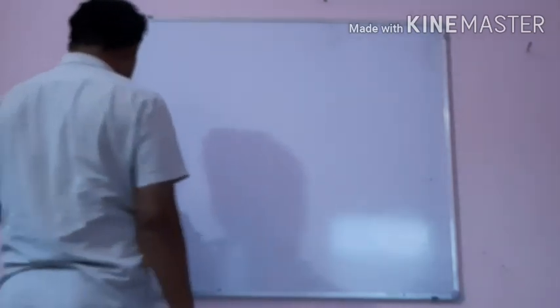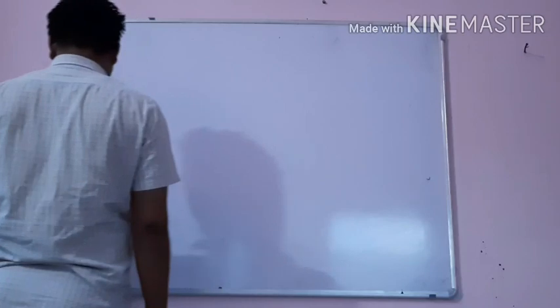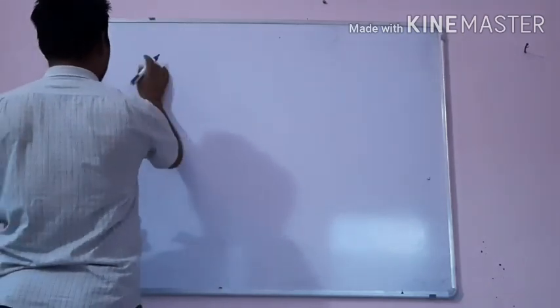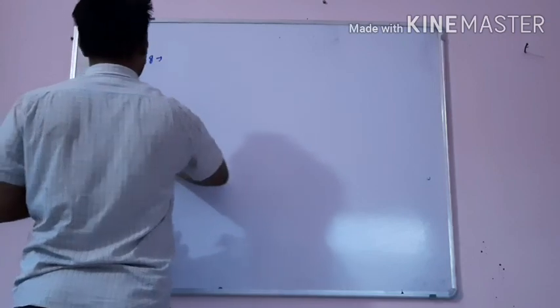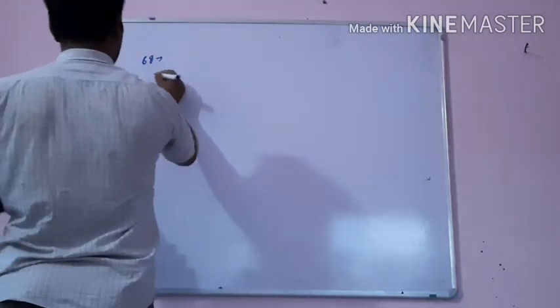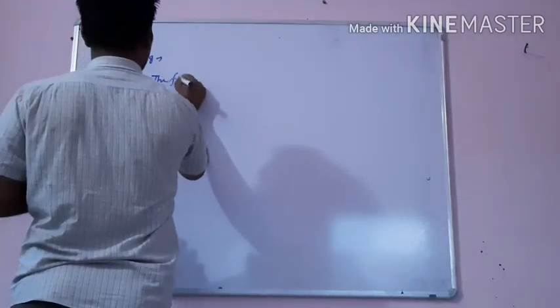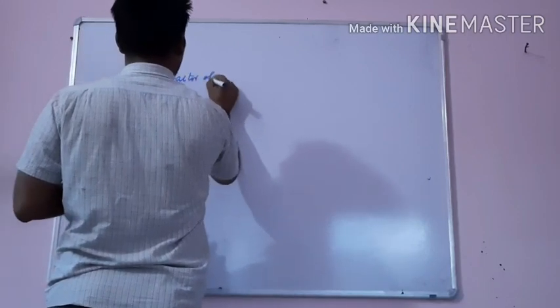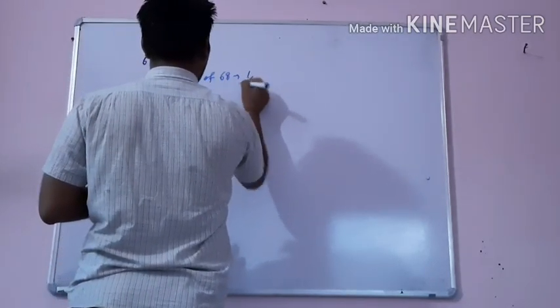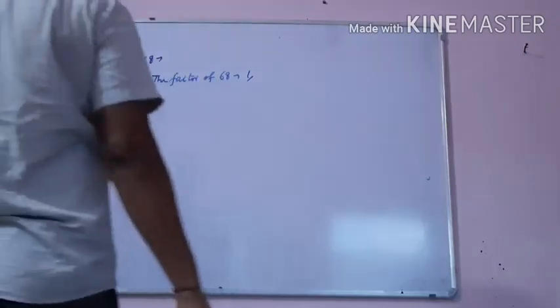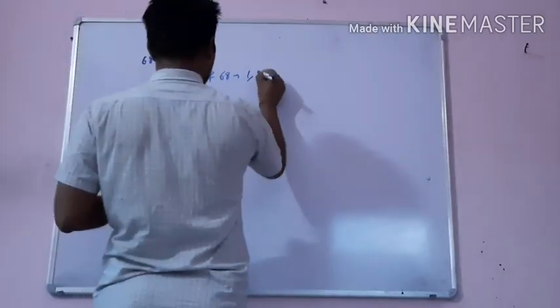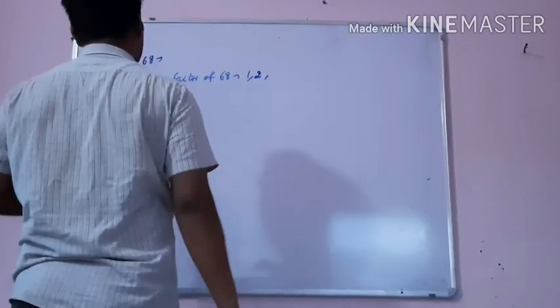Write the factors of 68. We have to write the factors of 68. 68 is divisible by 1, so 1 is a factor of 68. Again, 68 is divisible by 2, so 2 is a factor of 68.